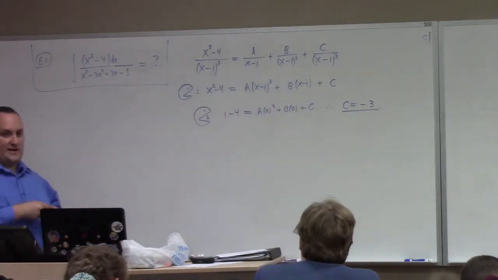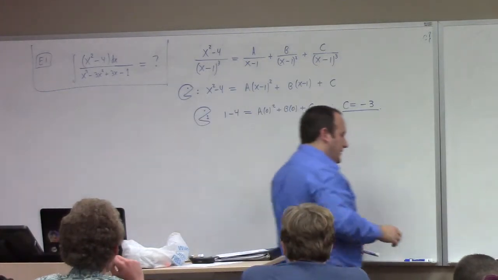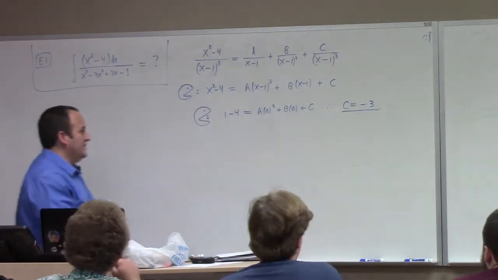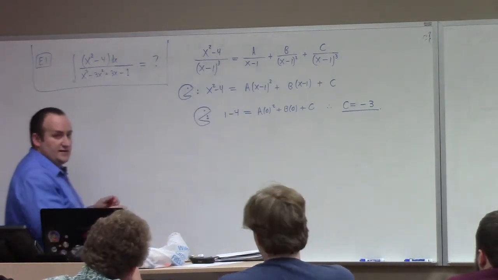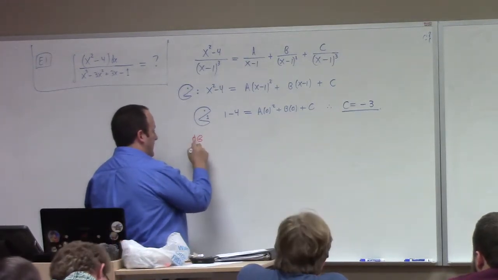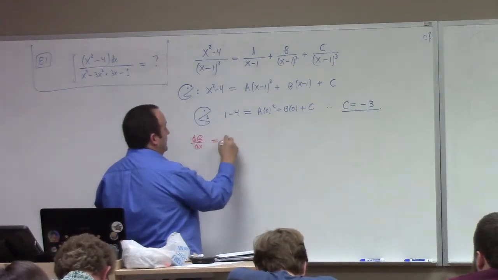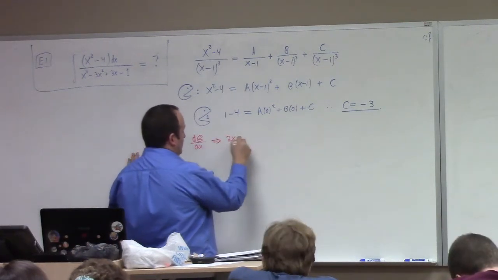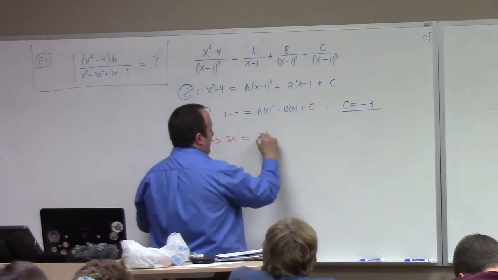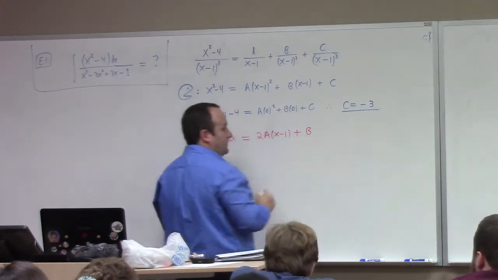Now here's a trick that I haven't showed you yet, but is especially tailor-made for this problem. When you have a repeated root, especially if you have one just by itself, a nice trick is to take the derivative of the equation. So we'll take d Pac-Man dx, and that will give us 2x equals 2 times A times x minus 1 by the chain rule plus B, right?